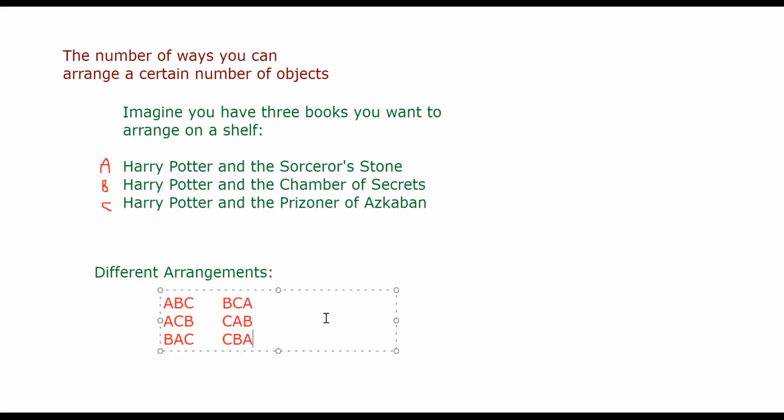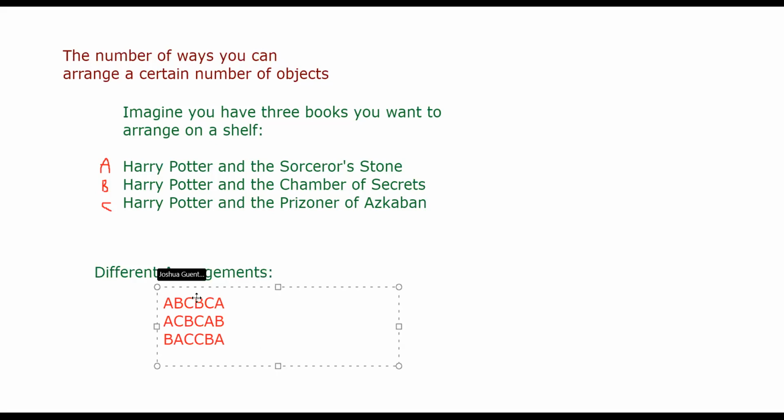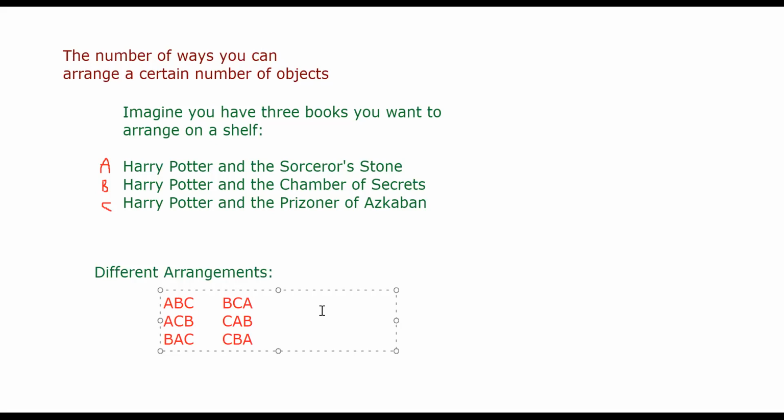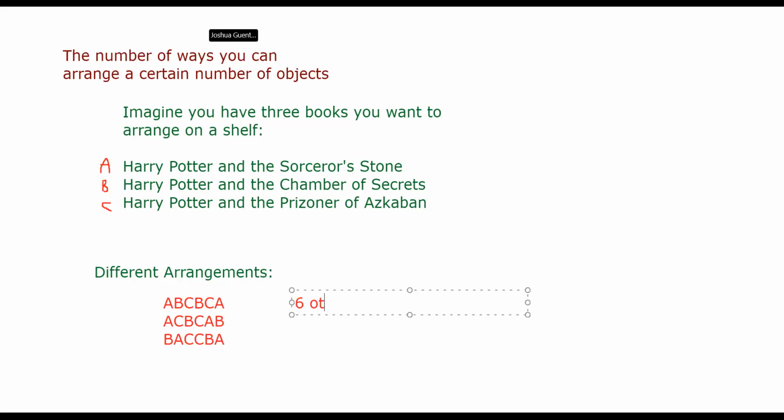And if you can think of another arrangement, another different way to order them, have at it. But I can't think of another arrangement for these things. So it turns out there's 6 ways to arrange that. 6 total arrangements, or another word for it is orderings.